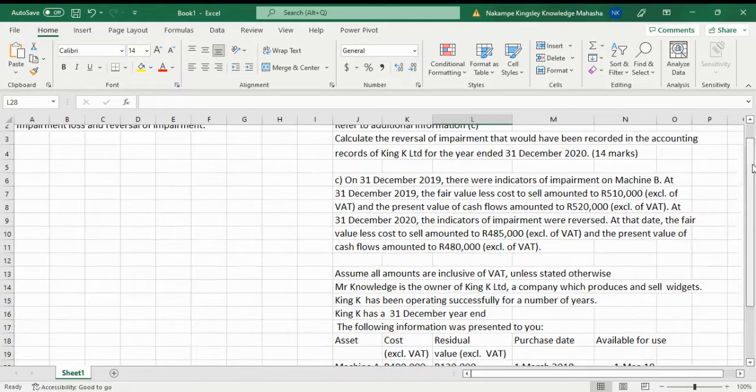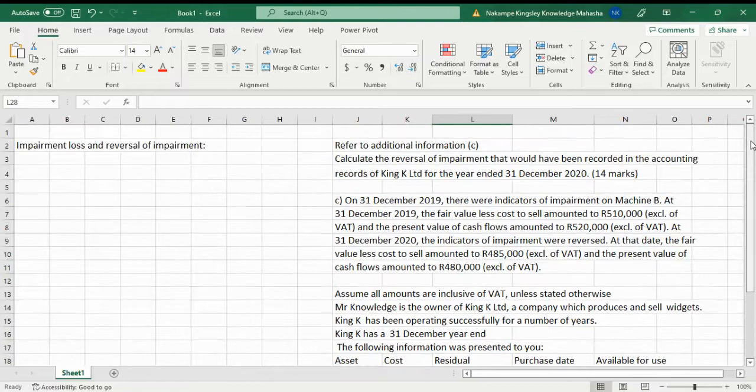You know what the residual value is? The residual value is the amount that an asset can be sold for after its useful life.